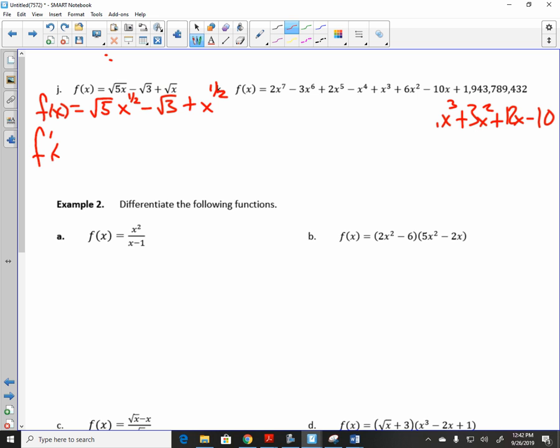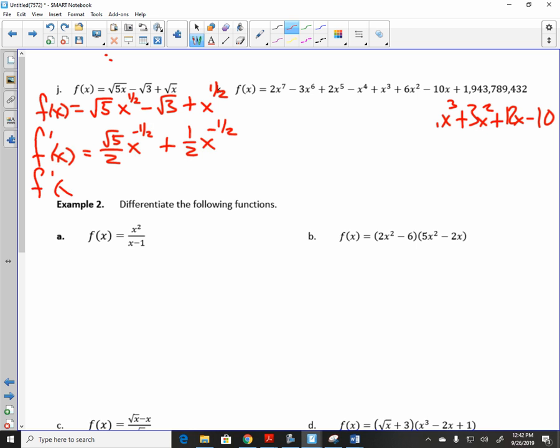All right, I'm ready to take the derivative. What do I do? Put the 1/2 in front. So I'd have the square root of 5 over 2 times x to the -1/2. What's the derivative of the square root of 3? 0, plus 1/2 x to the negative 1/2.